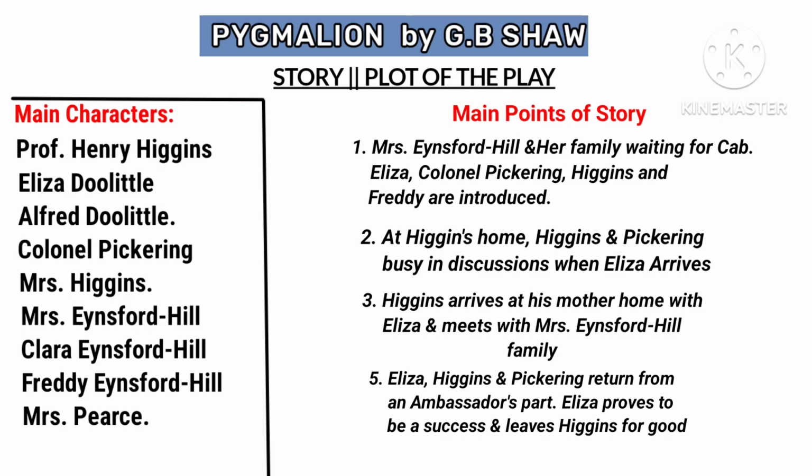The next day, Professor Henry Higgins comes to his mother's house completely confused about where Eliza has gone. So he calls the police so that the police should help him find Eliza Doolittle. But he is surprised to know that Eliza Doolittle was staying at the home of his mother upstairs.